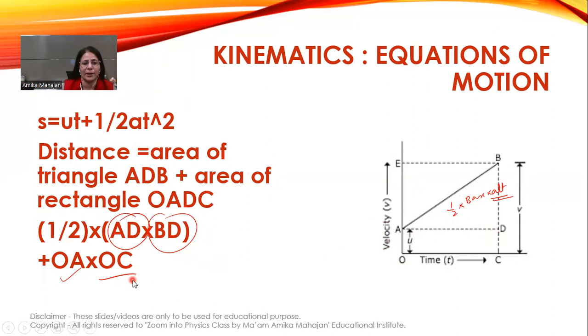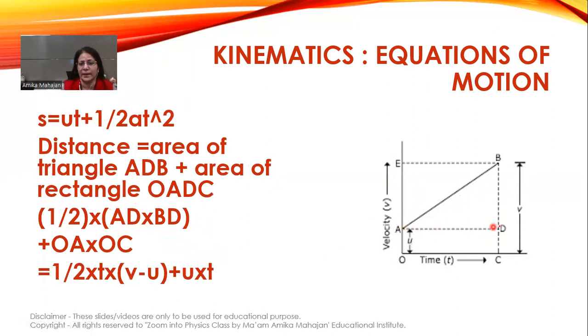So I can put the values there. This AD is T, so half into T into BD. What is BD? This is V minus U. So in place of BD, I can write V minus U, plus area of rectangle. Breadth is OA, O is represented by U, and length is T.